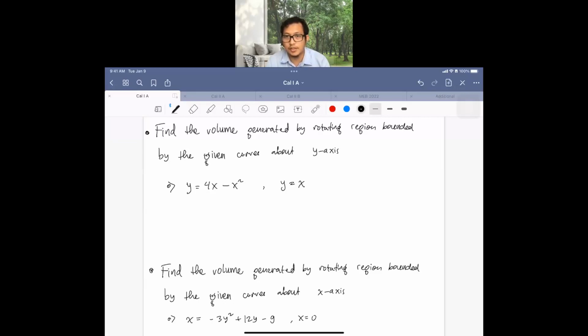The first one is rotated about the y-axis, the second one about the x-axis. Okay, I'll give you a couple of minutes to think, and you can try.